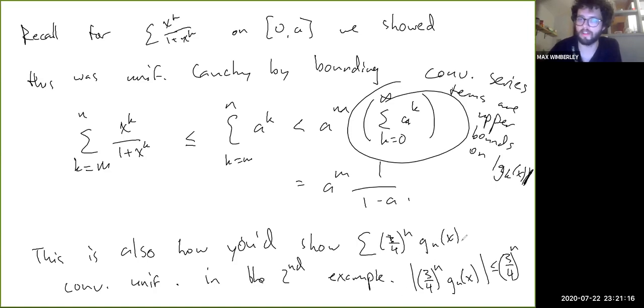It's the exact same thing. Of course, it's not always going to be a geometric series; that's just a coincidence here. But the point is, you get a convergent series of these upper bounds on the absolute value of each term, right? So, okay, let me state the Weierstrass M-test.